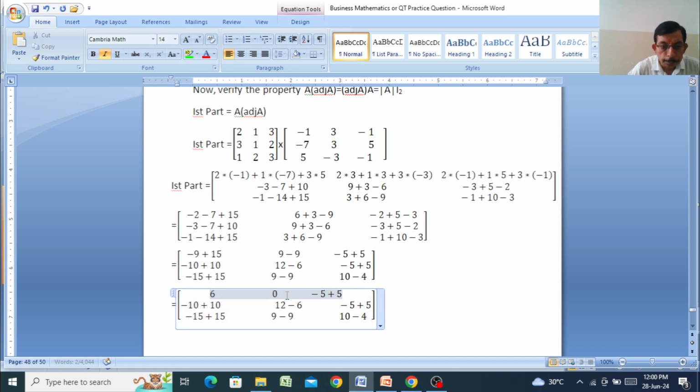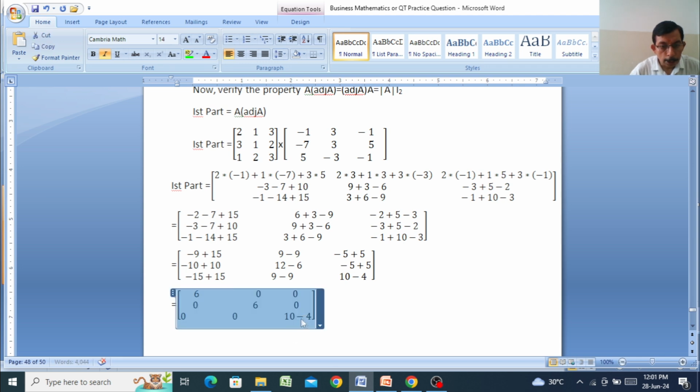Note down 0. -5 plus 5, result is 0. -10 plus 10, result is 0. 12 minus 6, 6. -5 plus 5, 0. -15 plus 15, 0. -9 plus 9, 0. 10 minus 4, 6. Note down 6.